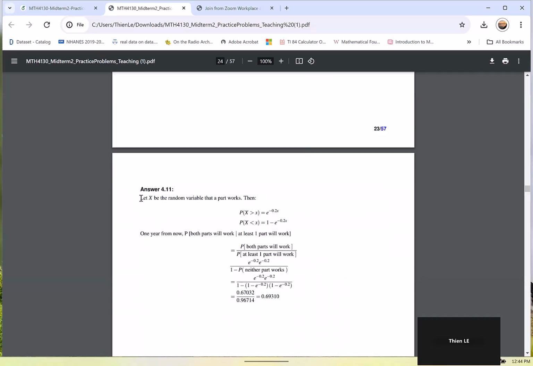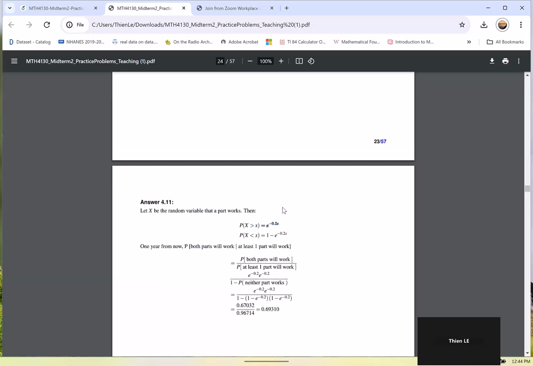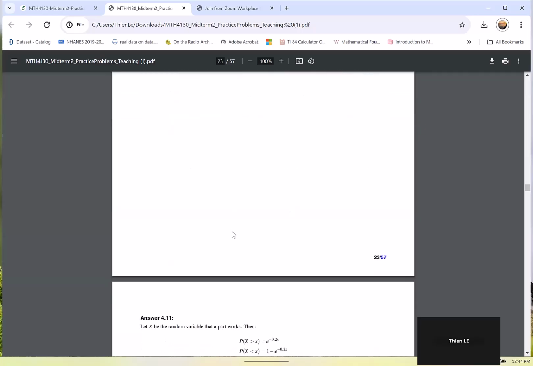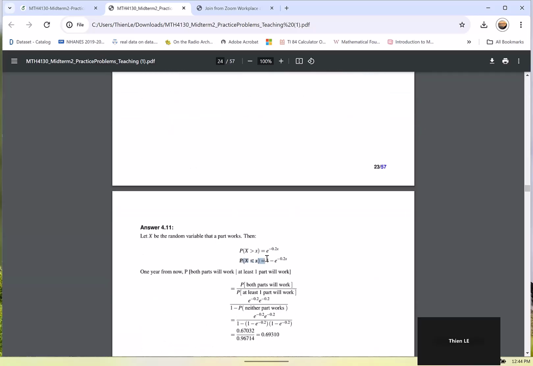Let X be the random variable for how long a part works. At time t we have P(X > t) equal to that quantity, because here we model it by the exponential, right? Which means P(X < t) equals 1 minus this quantity.